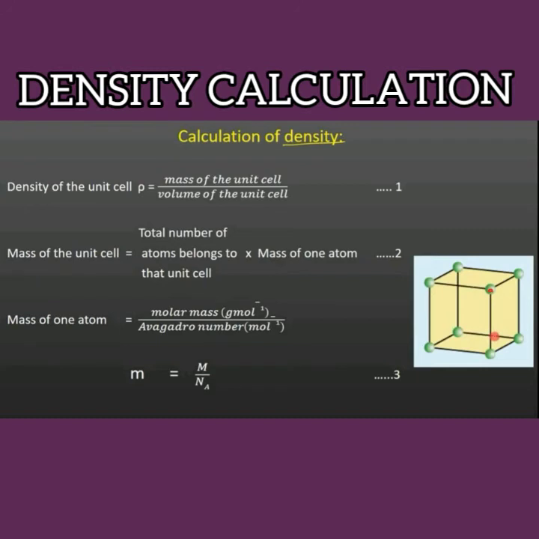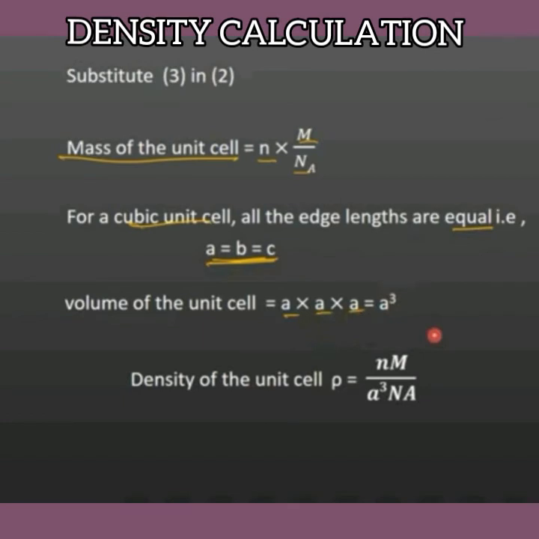So here also, mass of the unit cell equals the total number of atoms belonging to that unit cell multiplied with the mass of one atom. Next, we have to calculate the mass of one atom. In 10th itself we studied that mass of one atom is equal to molar mass divided by Avogadro number. Molar mass symbol is capital M. Avogadro number symbol is Na.